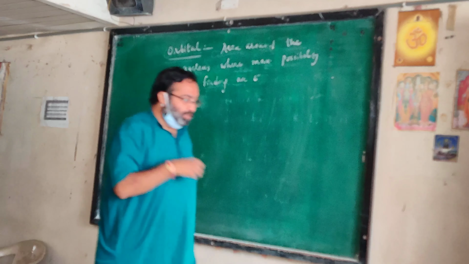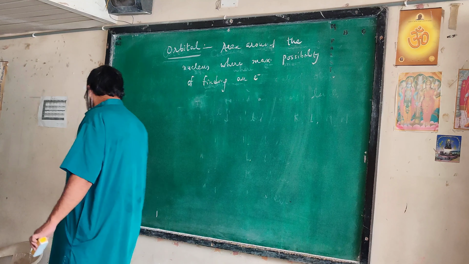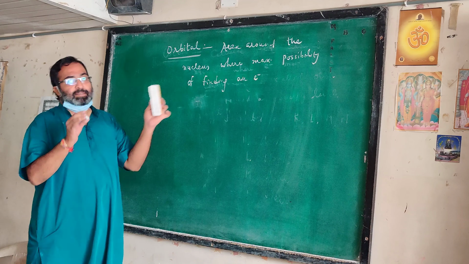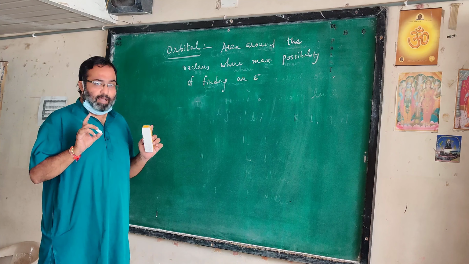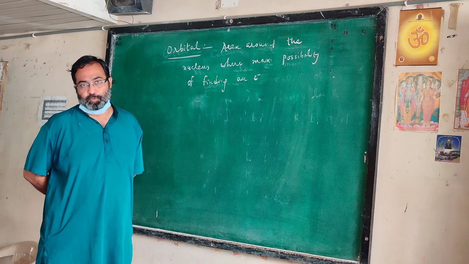This is the area around the nucleus where there is maximum possibility of finding the electron, and it is known as orbital. Orbital is the stipulated area around the nucleus where there is a maximum possibility of finding the electron.